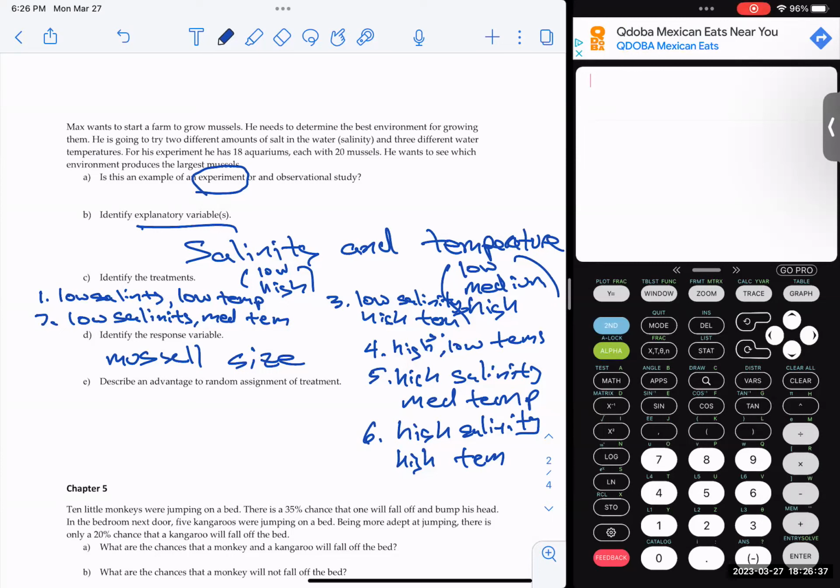And I don't know much about muscles, but they probably don't know what's going on anyway. So they probably are pretty blind to it. Are they smart? Some of you are biology students. Okay, so we don't know. You could have whoever's taking care of the aquarium not know which is which. You could blind them if you wanted to.